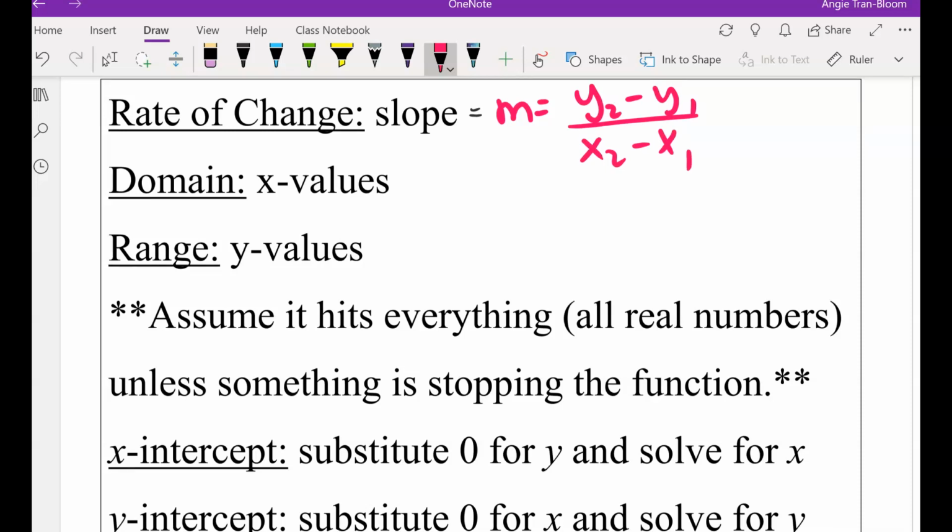Perfect. If we are asked to find the domain, we are pretty much looking for all values of what? X. If it says find the domain, we are looking for all values of x. If you are asked to find the range, we're looking for all values of y.